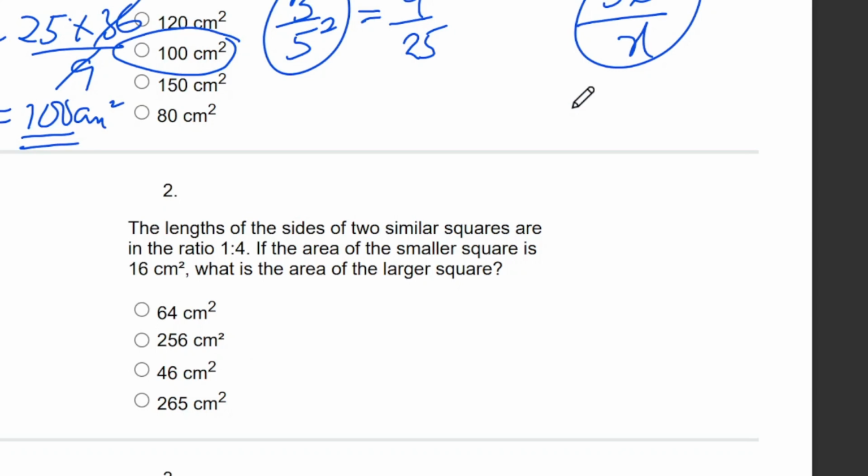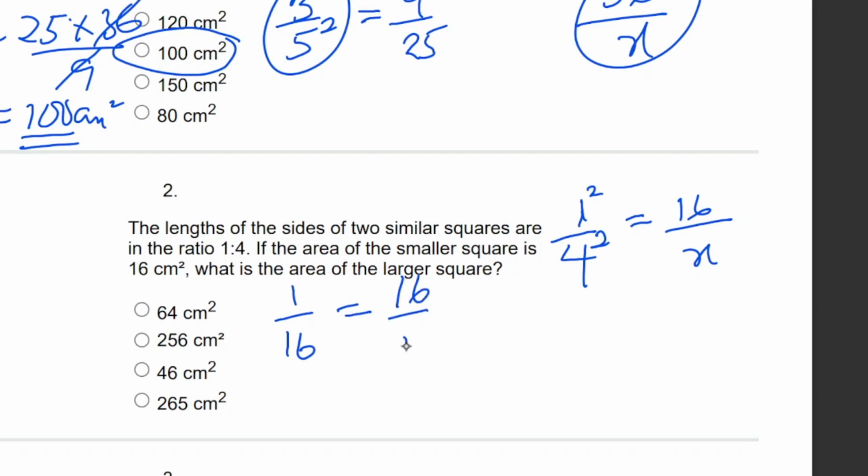It's just the same thing. So that means you have 1 over 4, which is linear. We want to make it area, so we square this to get the area factor. We're given the smaller one to be 16, and we don't know the bigger one. So we're saying 1 over 16 equals 16 over x.